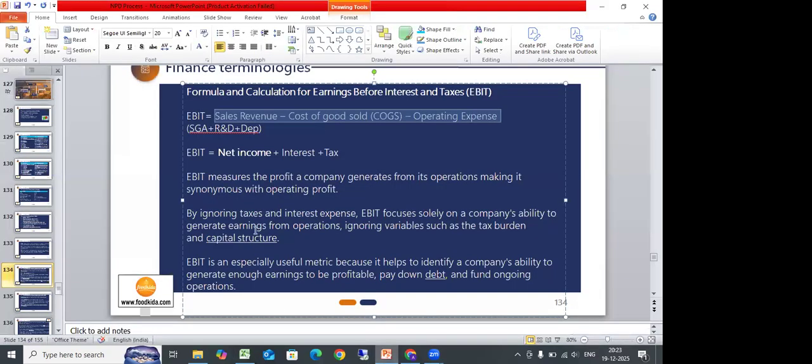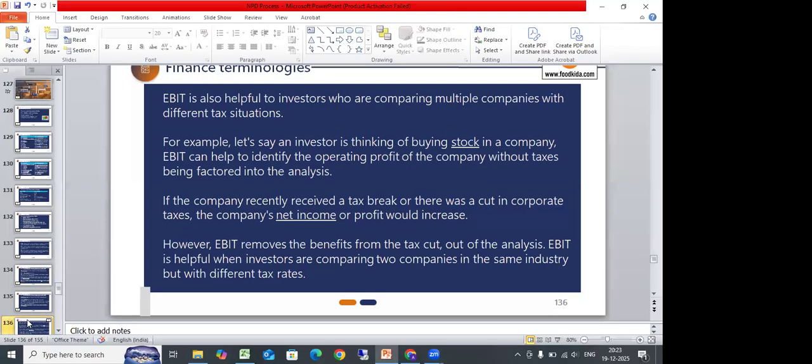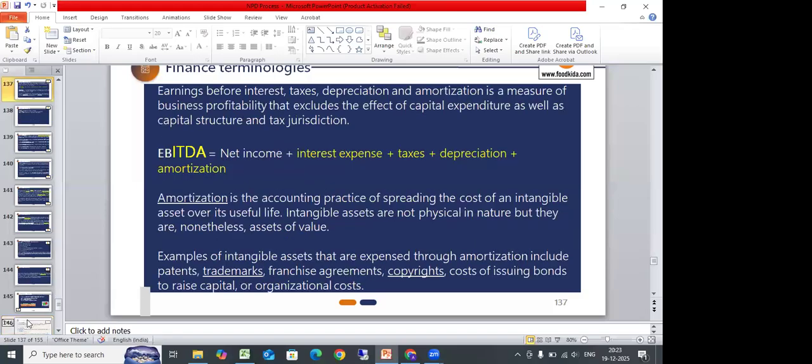Now let's see what DCF is. Is Neha there? Okay, she's not there. Fine. I would have asked her to explain again. In EBITDA, we have added depreciation and amortization back.